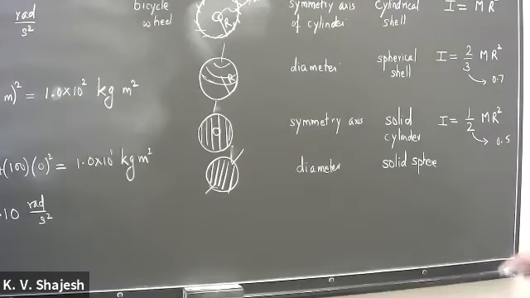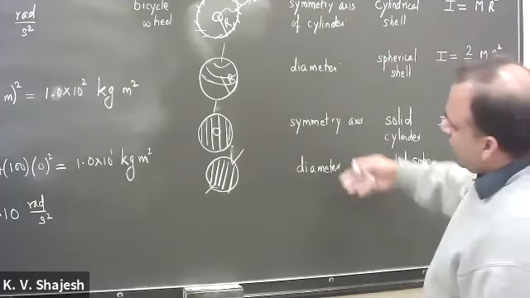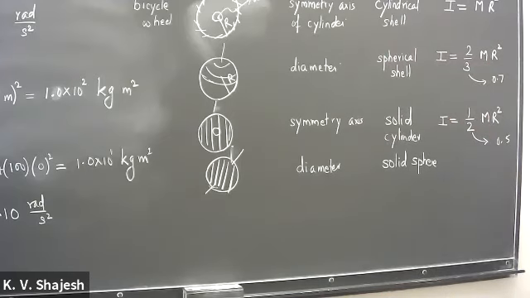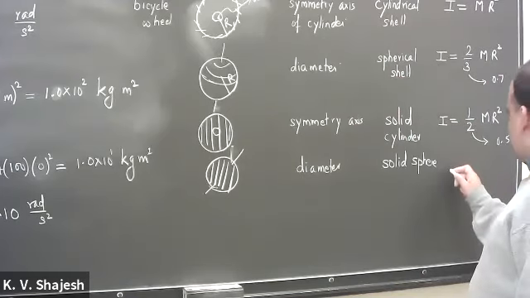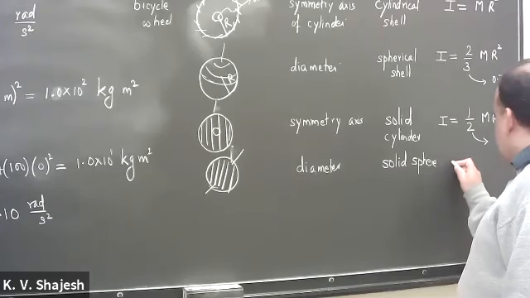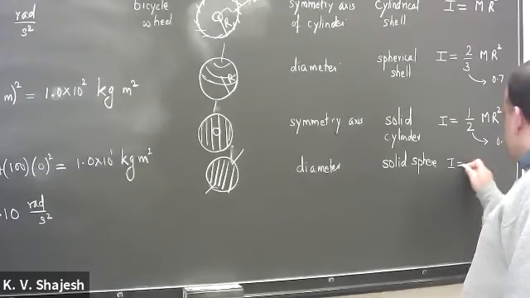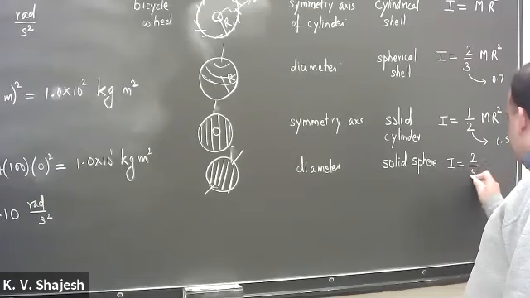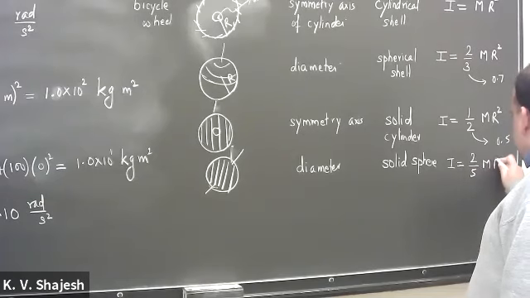As I'm going down in these examples, I'm specifically writing them in a particular order. The cylindrical shell has the highest moment of inertia, then comes the spherical shell, then the solid cylinder, and the solid sphere has the least, equal to 2/5 MR squared.